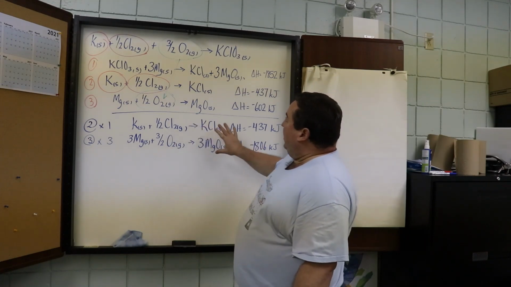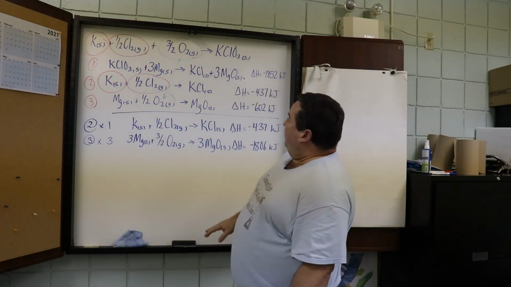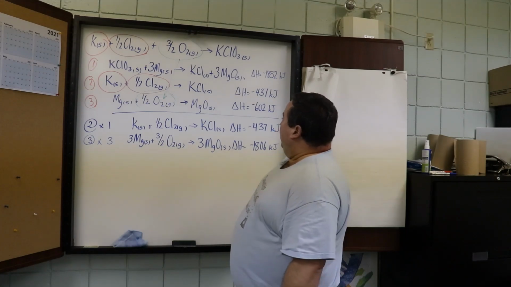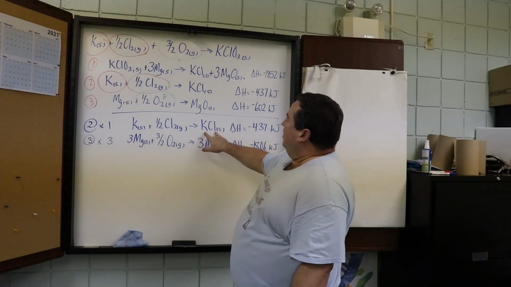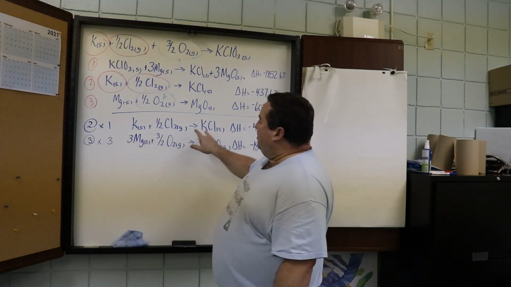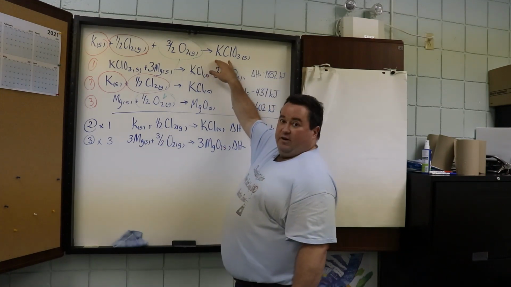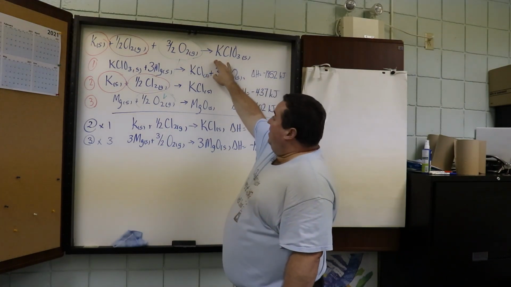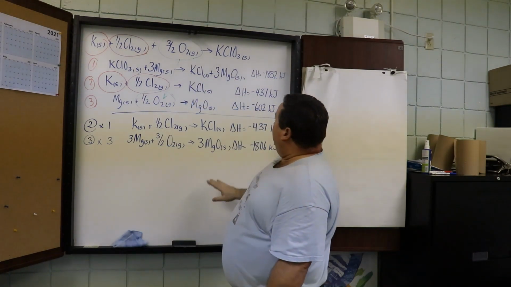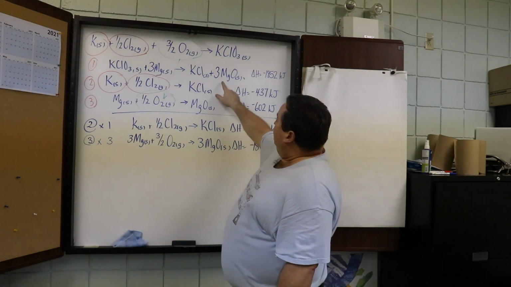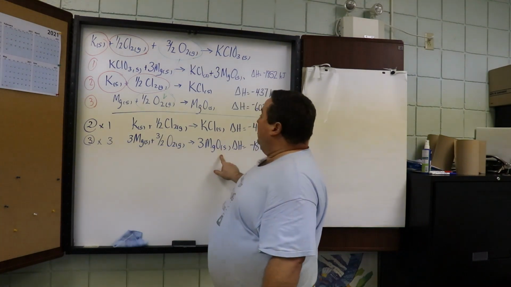So if I look at what I have here now, I have my potassium, my chlorine, I have oxygen, but I also have potassium chloride, and I also have magnesium. In order for these not to appear in the final reaction, they would need to be canceled. So if I were to take the first reaction and reverse it, the first reaction will put 3 magnesium oxide on the left, which can cancel with these.